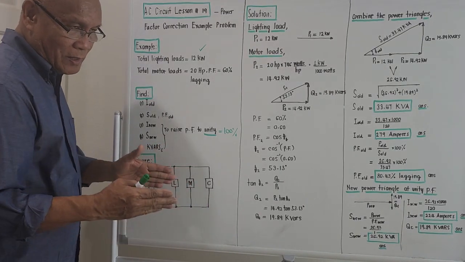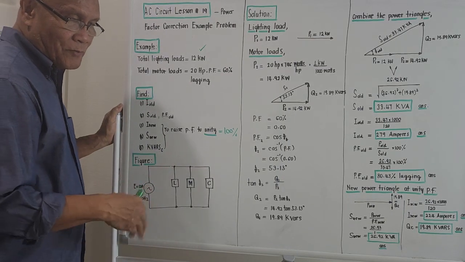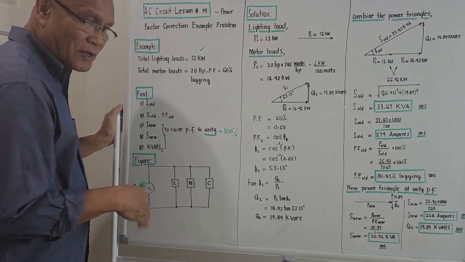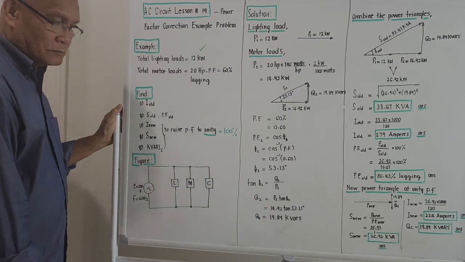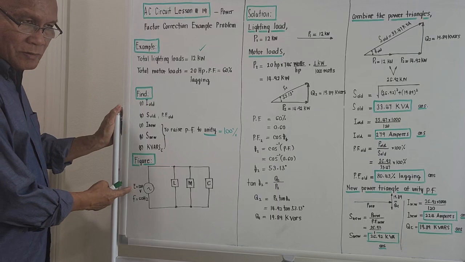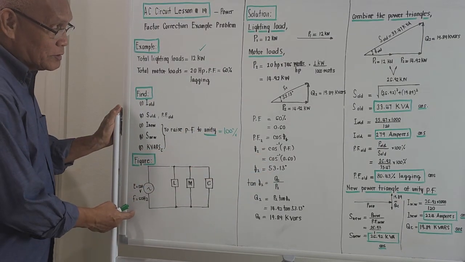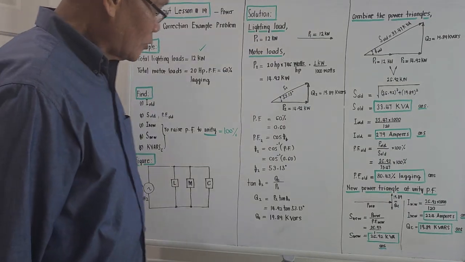So we are considering, for the meantime, parallel impedances or loads that are connected in parallel. Okay, and the applied voltage is 120 volts. It seems we are in the USA, and the frequency is 60 Hz. Okay, let's try to bring out the solution.